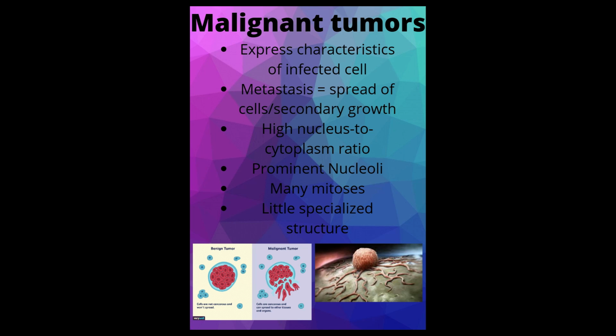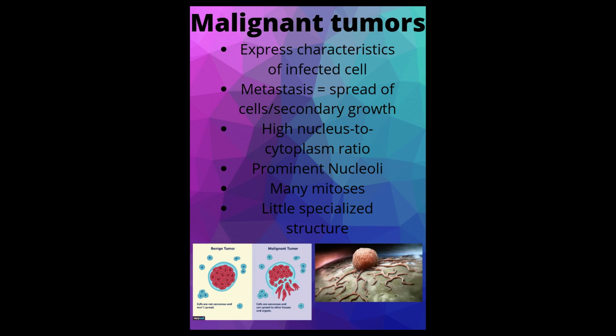Malignant tumors express characteristics of infected cells. Metastasis is the spread of cells, or the secondary growth. The thing about malignant tumors is they typically don't stay in one spot, and they tend to move all around the body. This is not good because it's really hard to track these things.